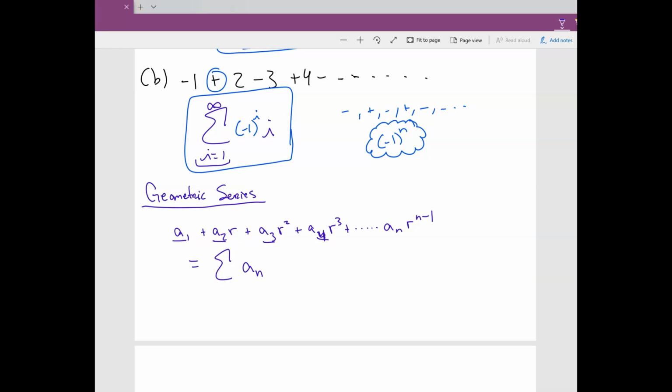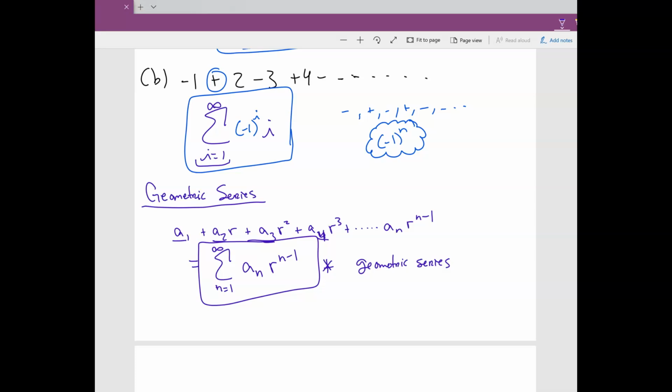And then r is going to stay the same, and then you just have an n minus 1, because everything is 1 less. So it's going to start from n equals 1 all the way to infinity if I want to go all the way to infinity. So this is basically the geometric series.